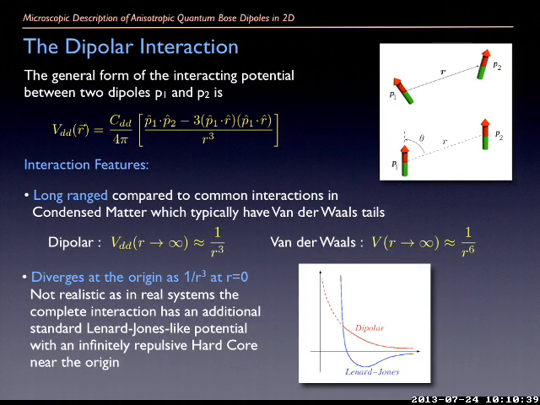Okay, now in real systems, as we said before, the dipolar interaction coexists with the two-body interaction. And that makes, in many situations, things not that clear with respect to dipolar effects. You see, typically, the dipolar interaction is very long range, so in that sense it is supposed to overcome the effect of any possible van der Waals tail.